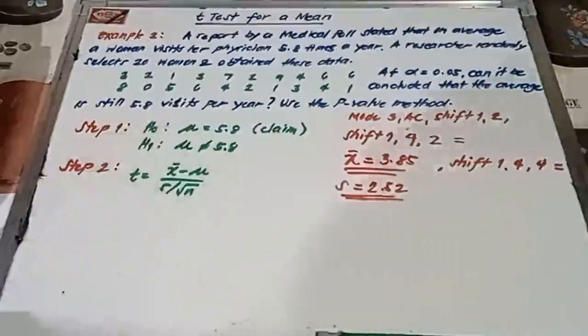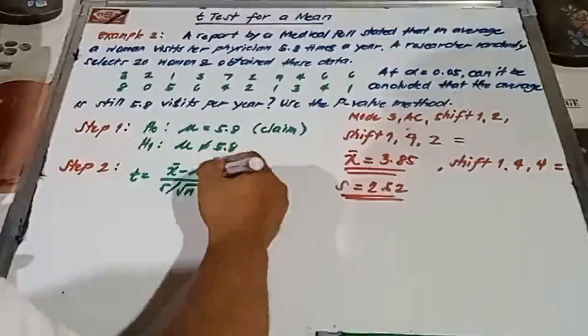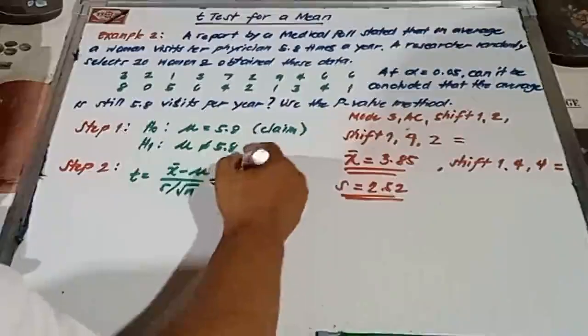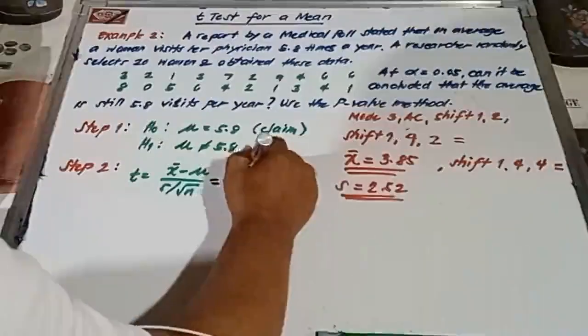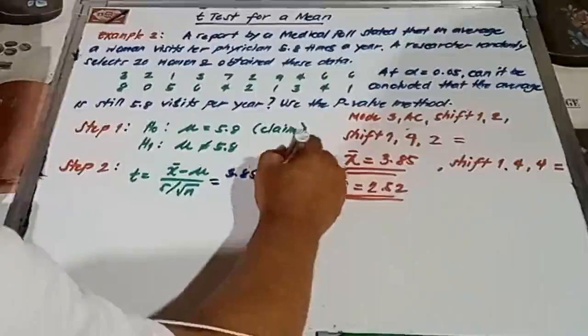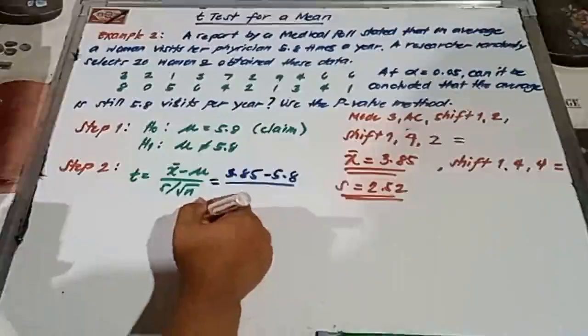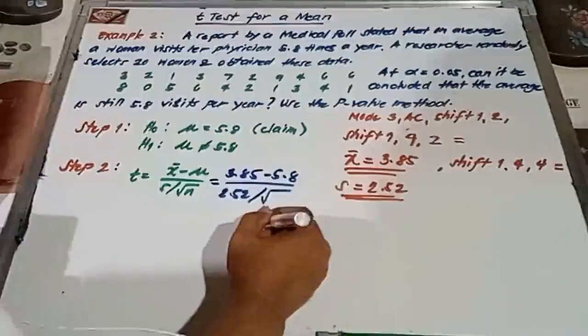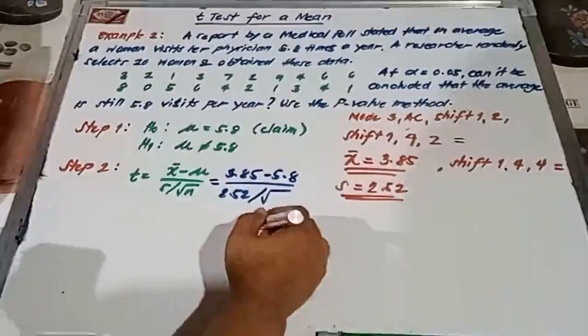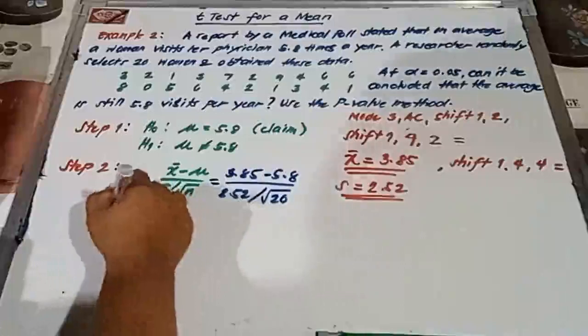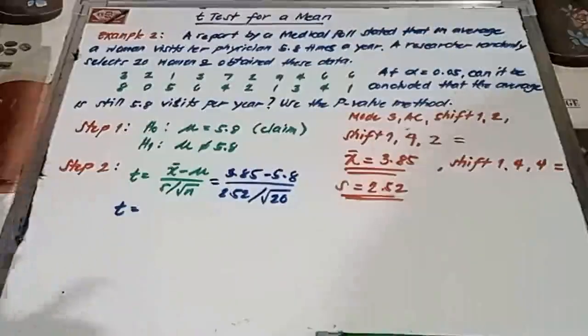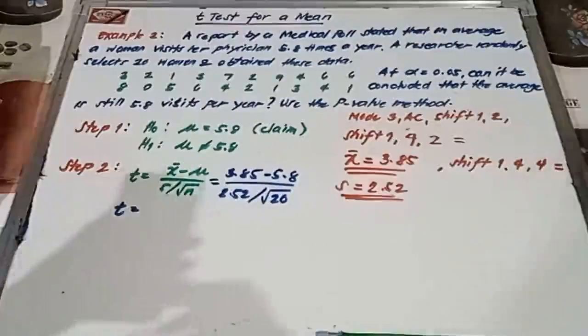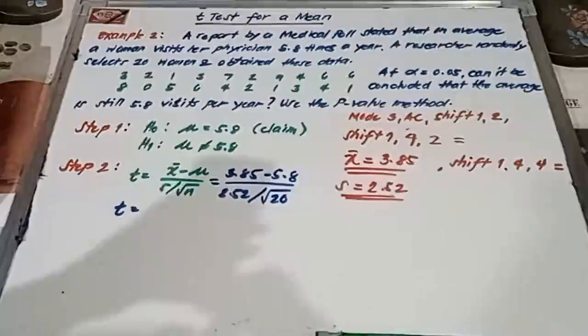Okay? Solve na natin yung test value. Substitute natin. Mean is 3.85. Population mean is 5.8. Standard deviation is 2.52 divided by square root of our n is 20. Okay? So, our t value is, gamit ang calculator, we have mode 1 muna tayo.